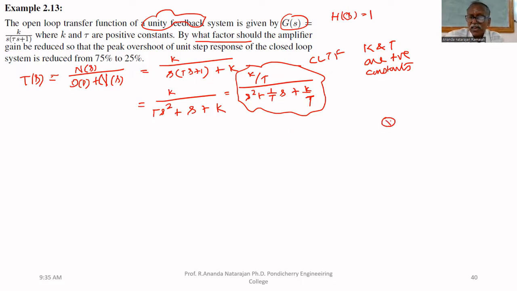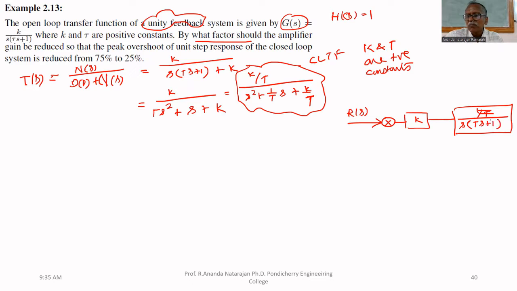Here, we can assume the system like this. I am putting k outside, times 1 by (s multiplied by (tau s plus 1)). Why am I writing like this? Not this, this is the closed loop transfer function. I am writing the open loop transfer function, with negative feedback, H of s equal to 1.